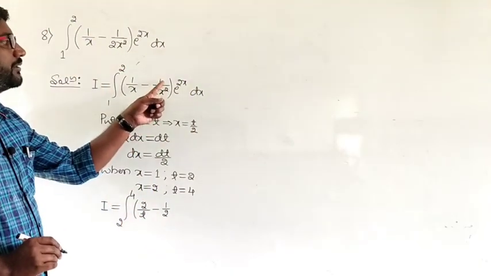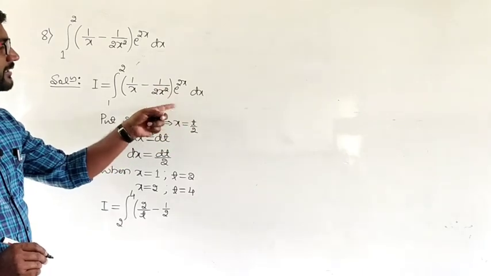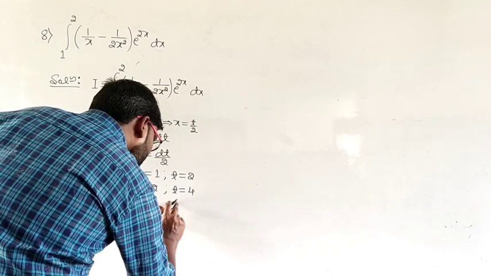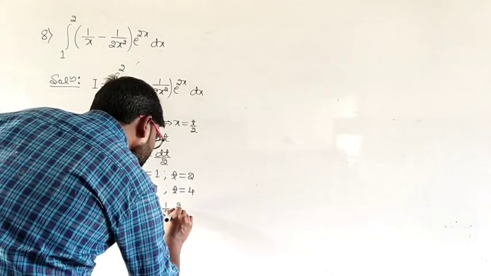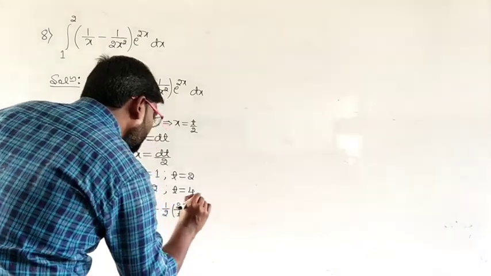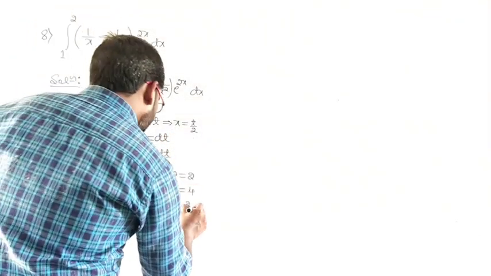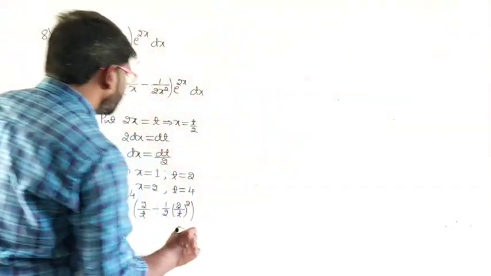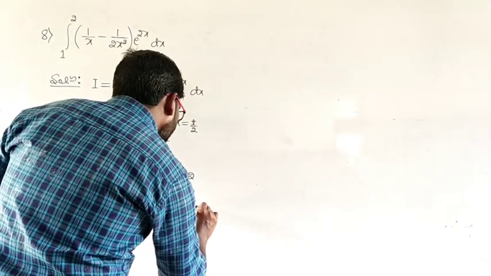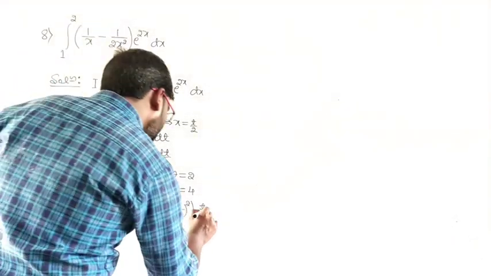Then we have 1 by x square. So 1 by x will be 2 by t, 1 by x square will be 2 by t the whole square. Then close the bracket, e raised to t, because 2x is t now, into dx, which will be dt by 2.